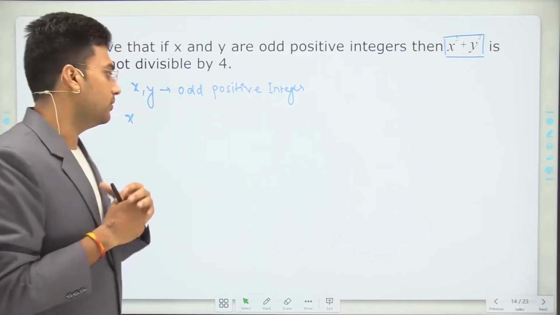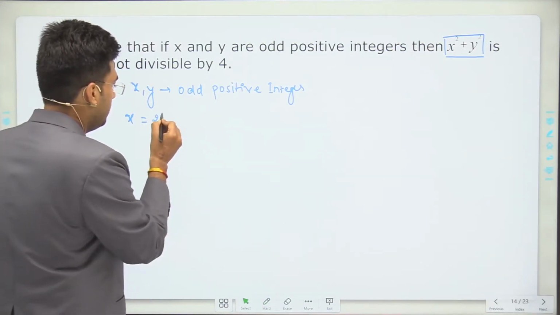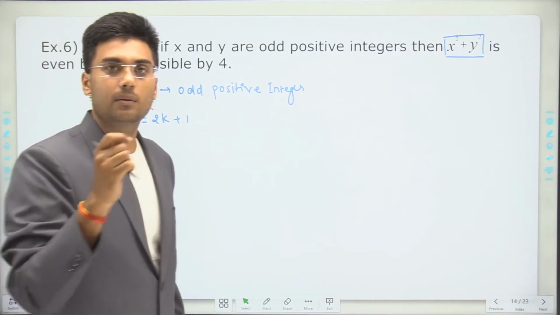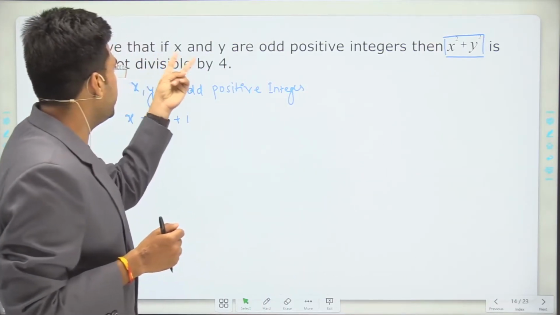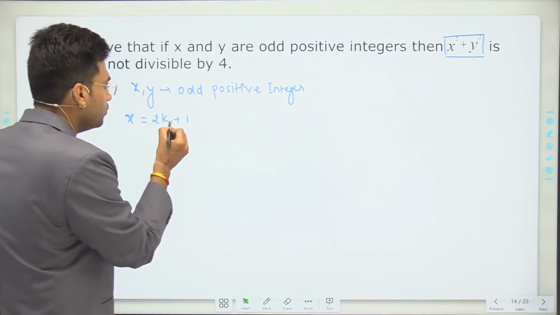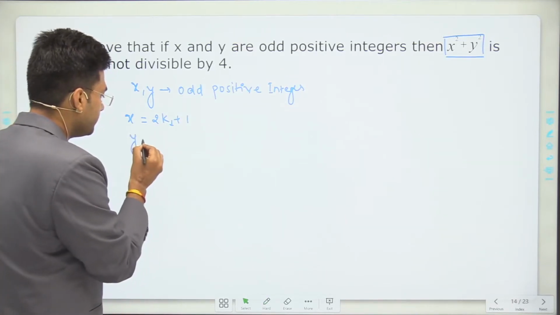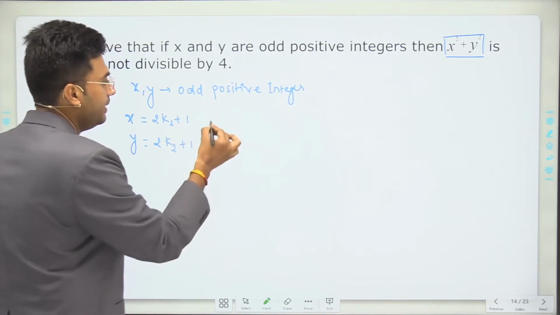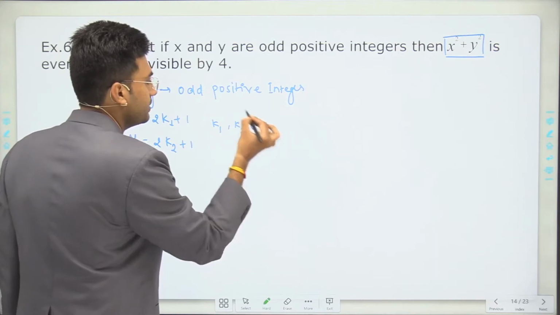Okay, now here we write x as 2k1 plus 1, and y as 2k2 plus 1, and here k1 and k2 are nothing but integers.